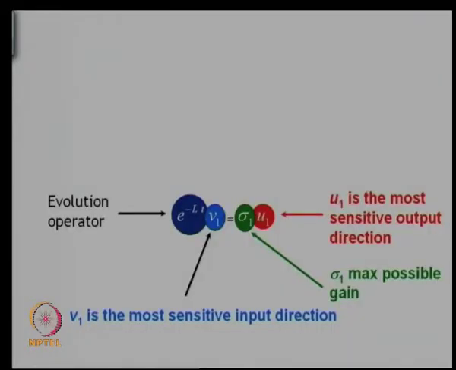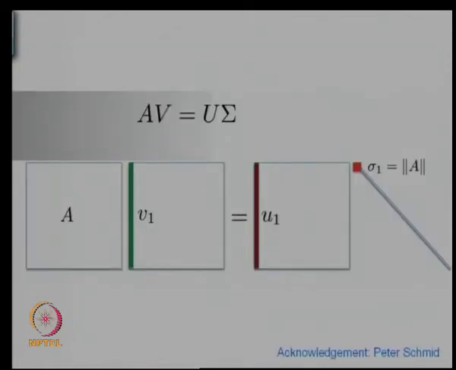Things, and you will get the output. U and V are unitary. So sigma 1 will show the amplification. Okay, so to see it in this matrix form, if A acts on V1, you will get U1. So is V1 the right or left singular vector?